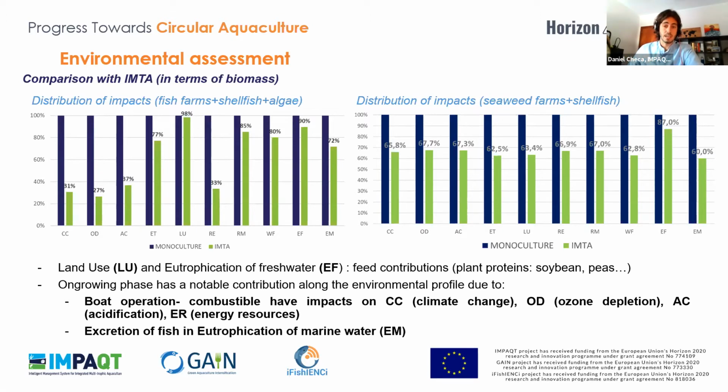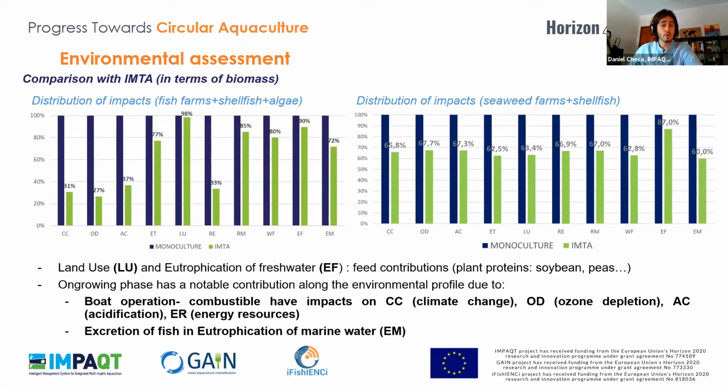Here we see that for the impacts for land use and eutrophication of freshwater, analyzing the monoculture conditions, feed manufacturing is the main contributor in terms of plant proteins, soybean farming.